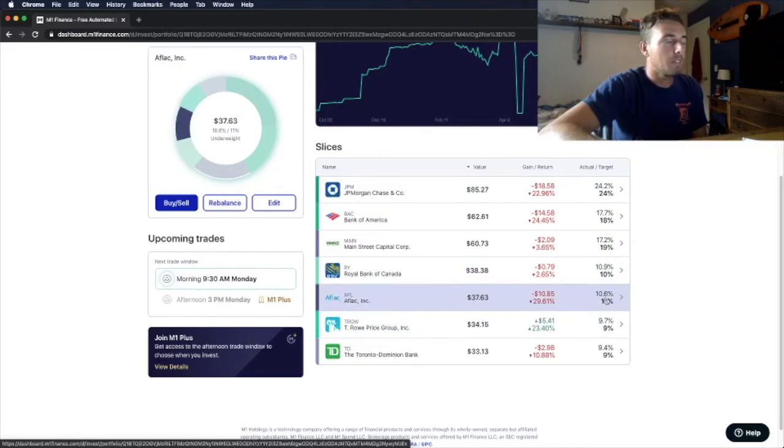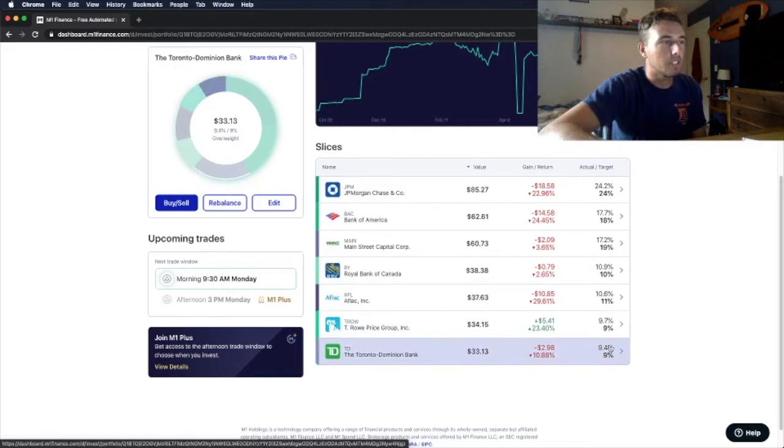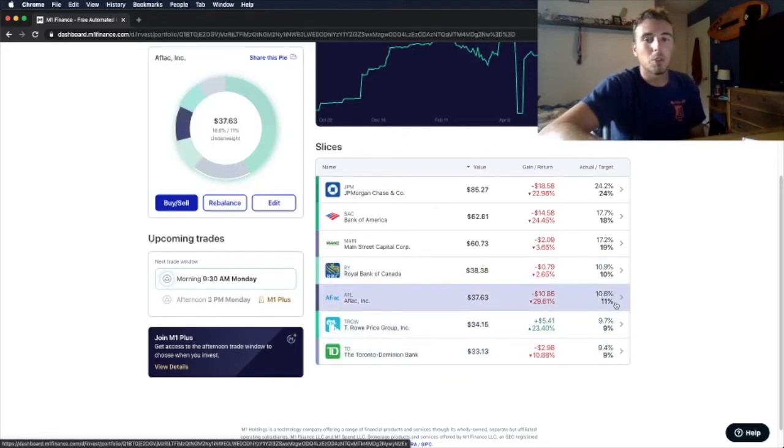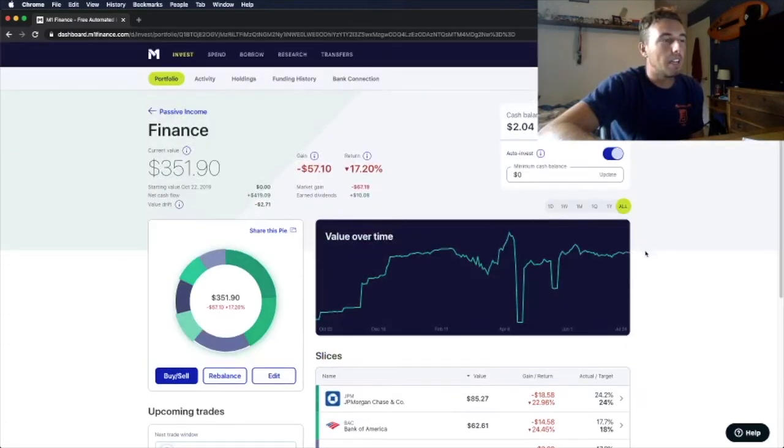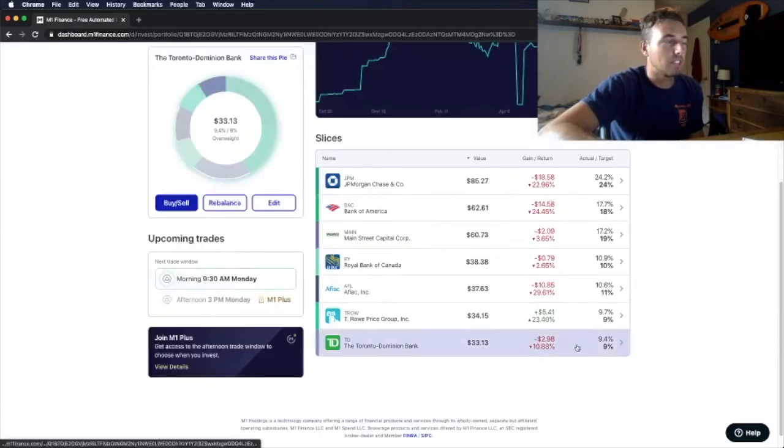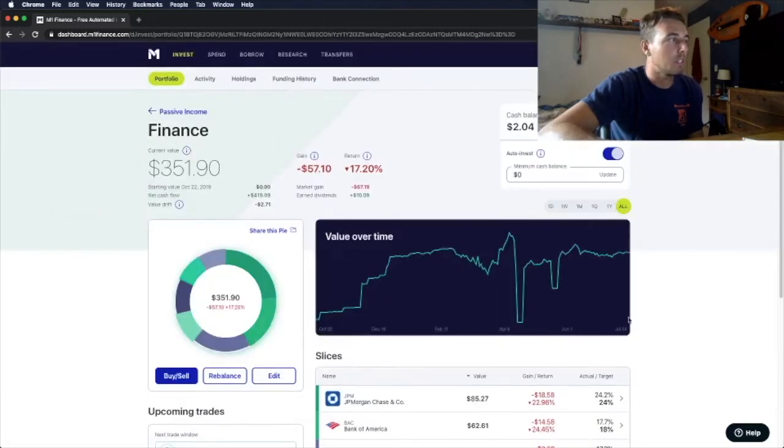The actual for Aflac is 10.6%, and the target is 11. So before it buys, let's say, TD Bank, because it's overweight, it'll buy some of Aflac and try to get it more up to weight, which is kind of nice because if a stock goes down, it'll buy more shares of that instead of buying shares of a stock when it's doing really well.